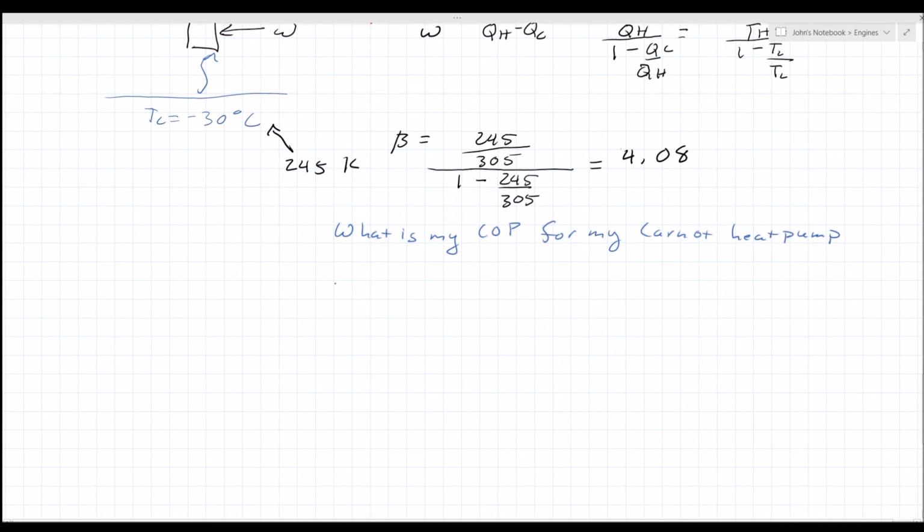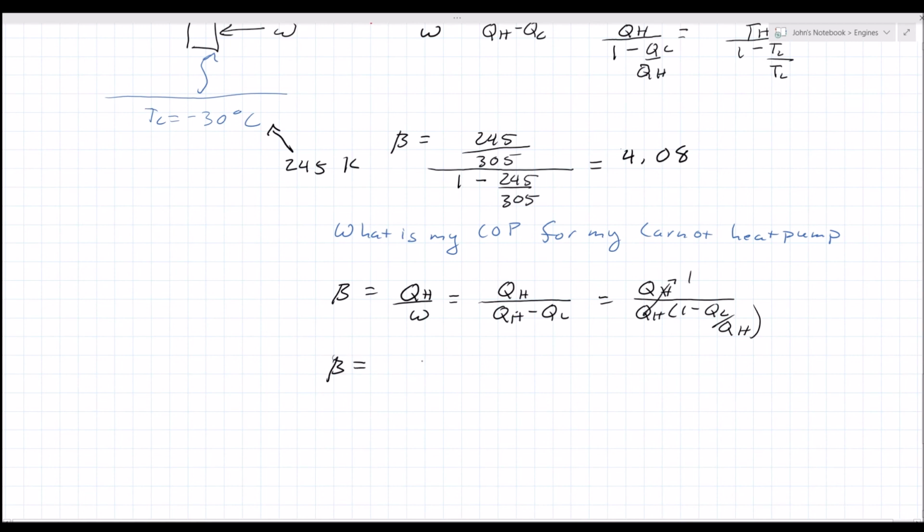So my coefficient of performance is equal to Q high over the work I put into it, which is equal to Q high over Q high minus Q low, and then this can be Q high over, factor out a Q high, 1 minus Q low over Q high. Well, that turns to 1. So my coefficient of performance for a heat pump is 1 over 1 minus Q low over Q high.